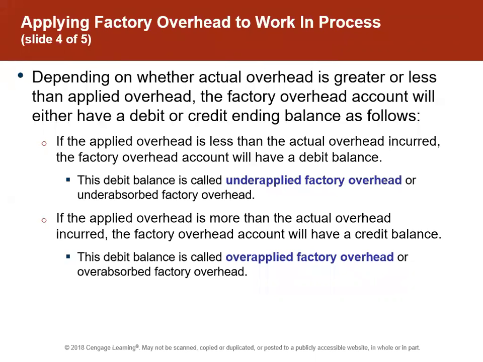That would be under applied. It makes sense, right? We didn't apply all of our overhead. So when actual overhead is greater than applied, we end up with a debit balance. That means we under applied overhead.